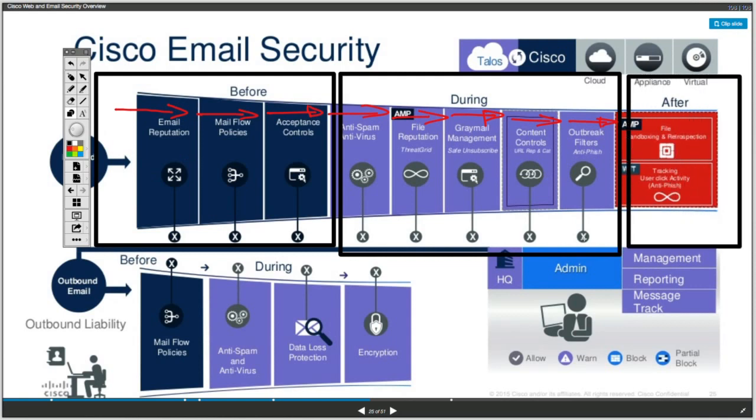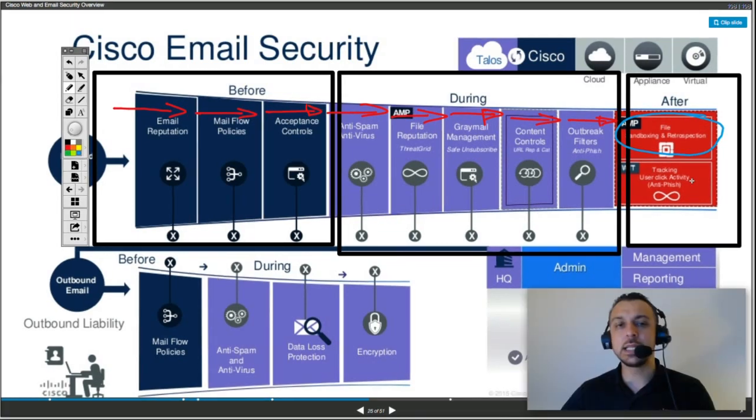So likewise, like in the case of web, through AMP, Advanced Malware Protection, we're going to do sandboxing and file retrospection, which means we constantly monitor whether the file is actually malware or not.